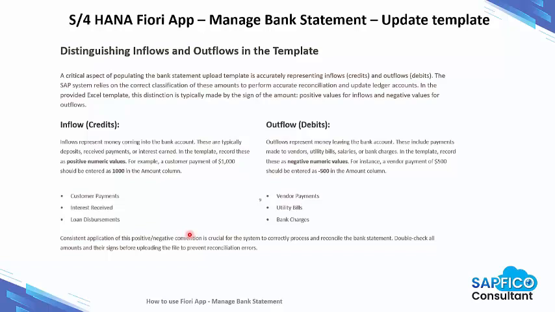Inflow is nothing but credit: customer payments received, interest received, loan disbursement. This is your inflow, and we represent it with a positive sign. Outflow is a debit: vendor payments, utility bills, bank charges, shown with a negative sign.